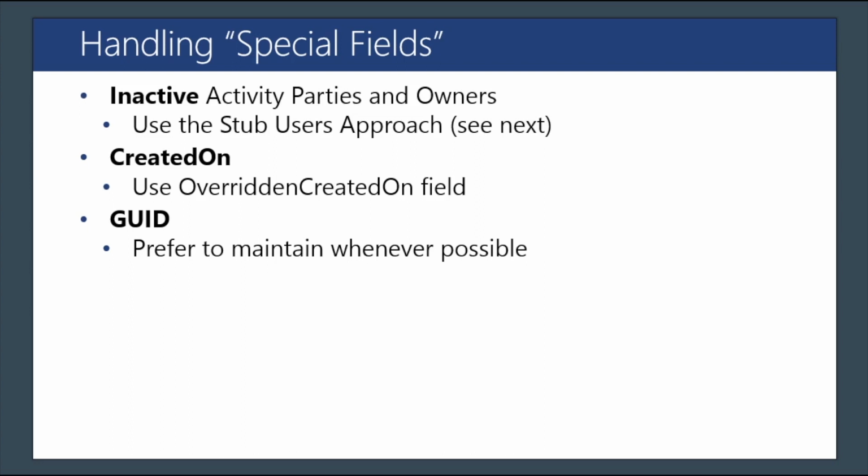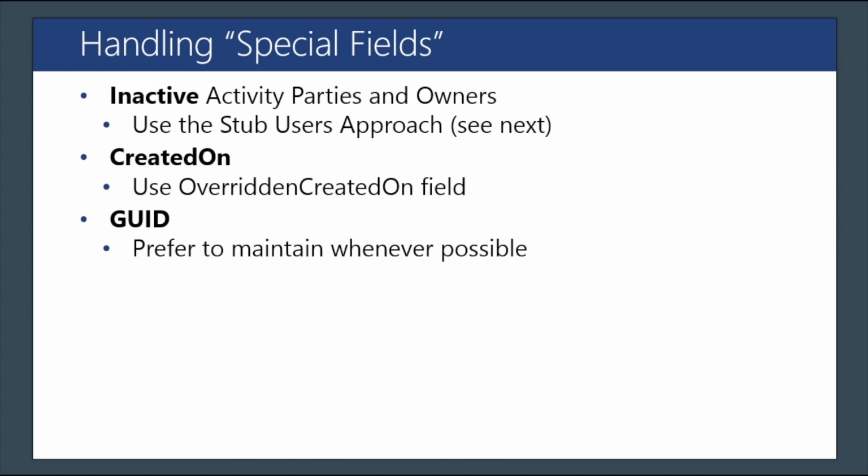And some other things to consider have to do, as an example, with the created on field. That's something you can't really map directly. You can't take one record from the source, take the created on field, and map it to the created on field in Dynamics 365, because it won't map directly.